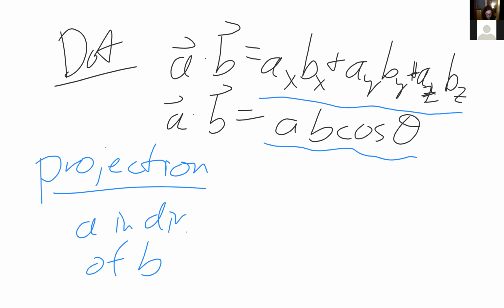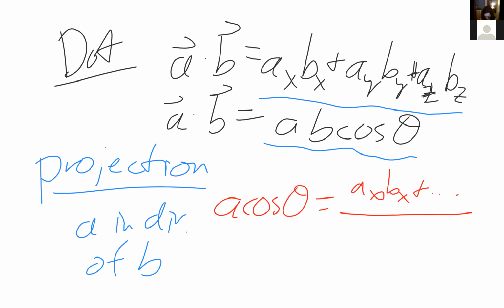And then if I want the component of A in the direction of B, that is just A cosine theta from the second definition. And then I just divide the first definition by the magnitude of B. So I have the AX BX plus, and so on, and I would divide by the magnitude of B.